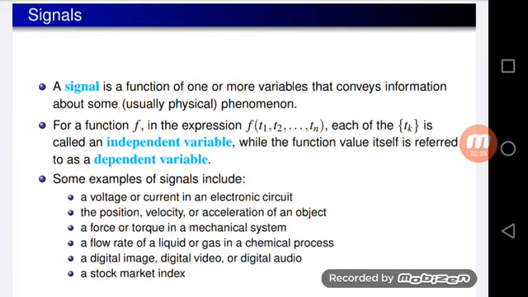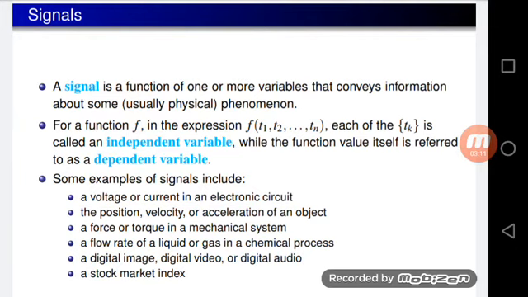Some examples of signals include a voltage or current in an electronic circuit, the position, velocity or acceleration of an object, a force or torque in a mechanical system, the flow rate of a liquid or gas in a chemical process, a digital image, digital video or digital audio, or a stock market index.